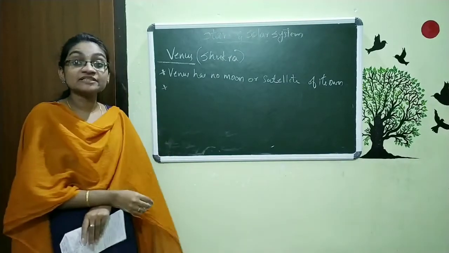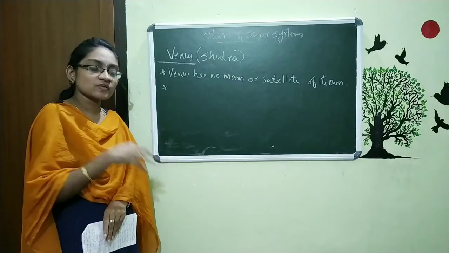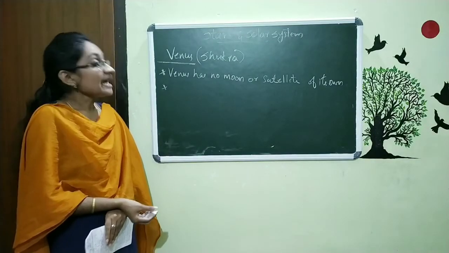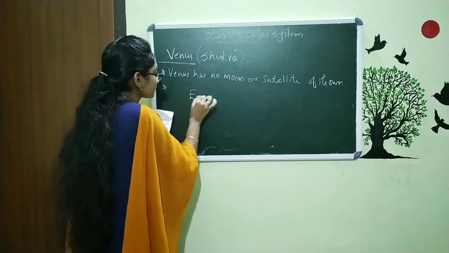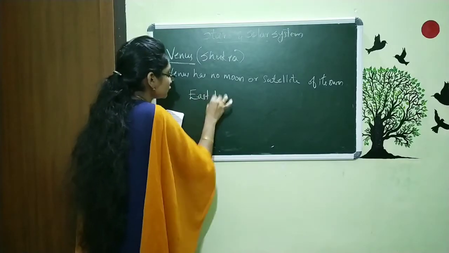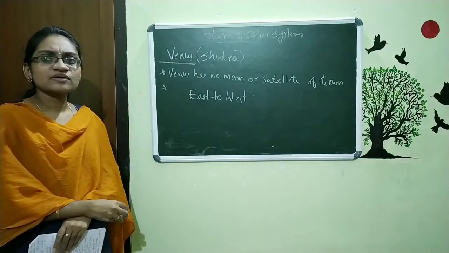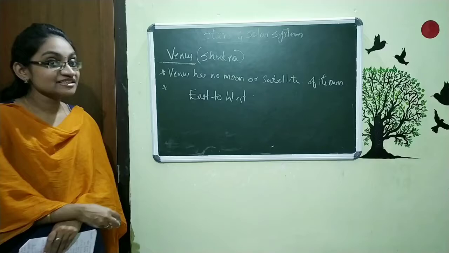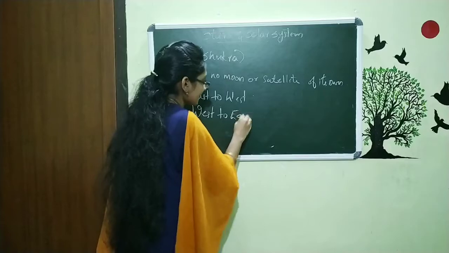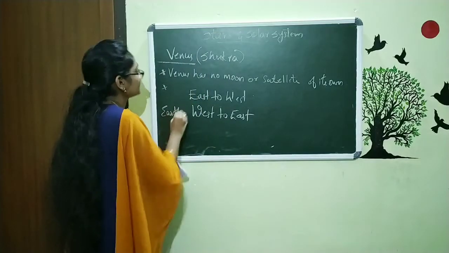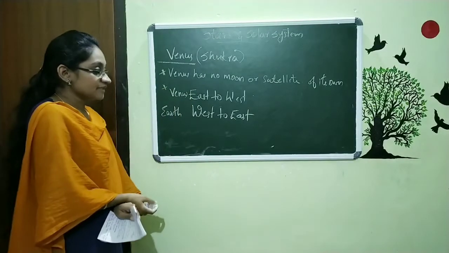And the next point is one of the peculiarities of Venus: is the rotation of Venus clockwise or anti-clockwise? Actually, our Venus is rotating from east to west. Our Earth is rotating from west to east, and for Venus it is the reverse of this.